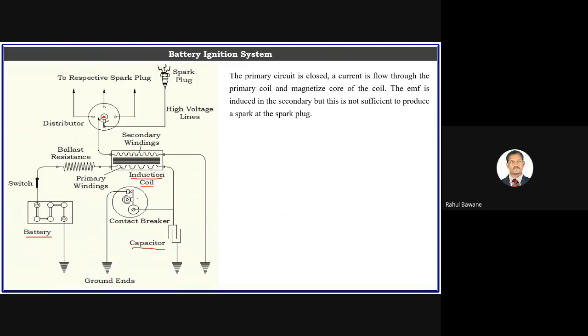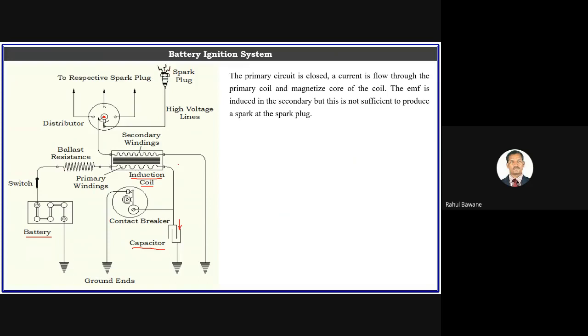When the circuit is completed, the core gets magnetized, so a magnetic field is induced. During this circuit completion, the capacitor attached in parallel to the contact breaker point gets continuously charged. So the capacitor starts charging when the circuit is completed. When primary current flows through the primary winding of the induction coil, the core gets magnetized, and as the magnetic field is generated, an EMF is induced in the secondary winding.